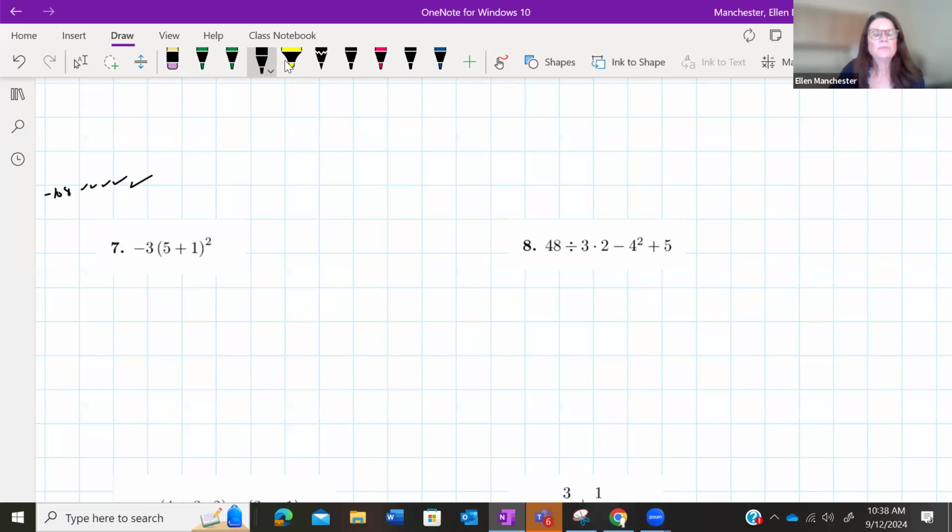So inside parentheses, we have 6. Okay. So this is a great example. This -3, there's nothing in between the -3 and the parentheses, so it's showing multiplication. So then we're going to do exponents.